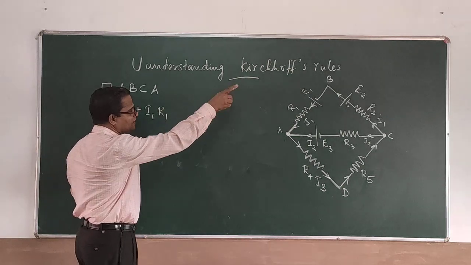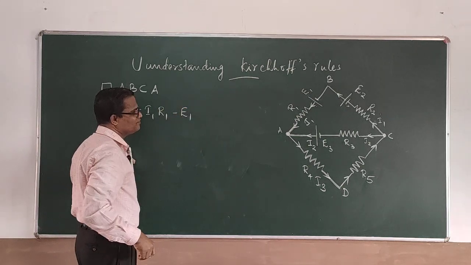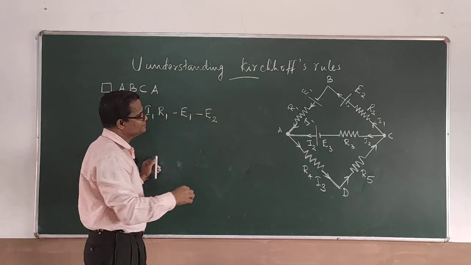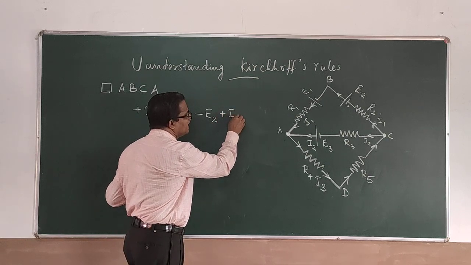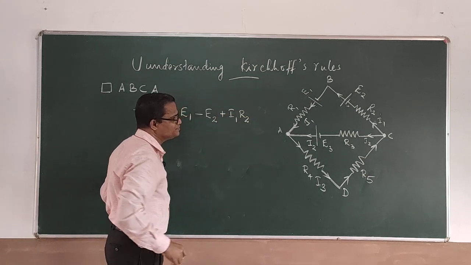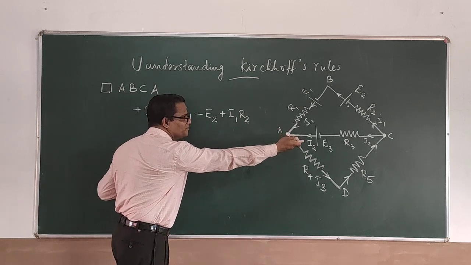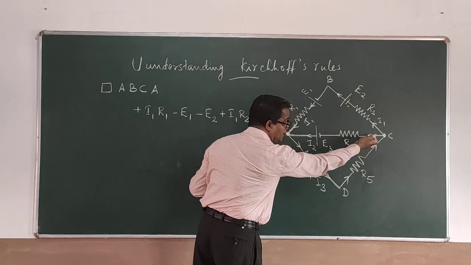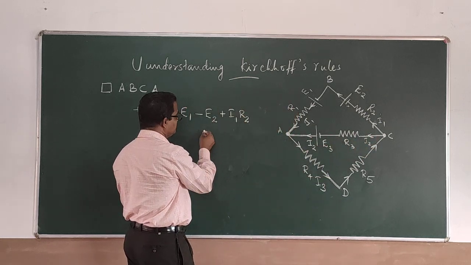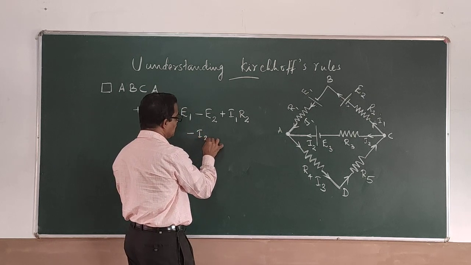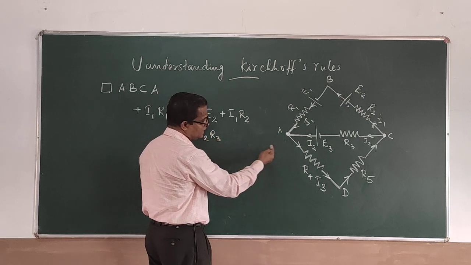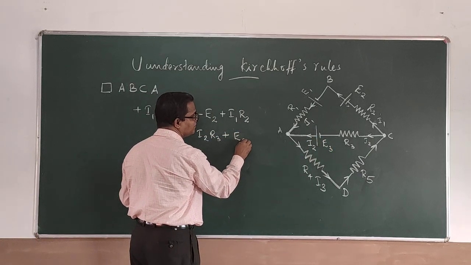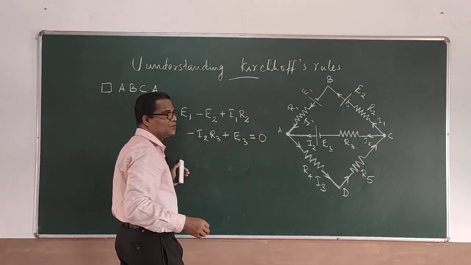Okay, then minus E1, again minus E2, plus I1 R2. Then when it comes here, C to A, the current is I2 along the direction of flow. That means minus I2 R3. Then crossing it from negative to positive, plus E3 will be equal to 0.